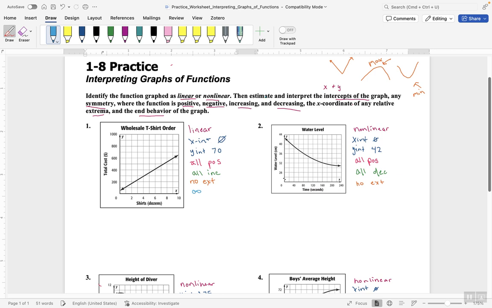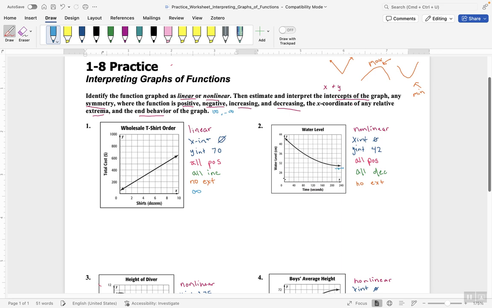Okay, so end behavior is going to most likely be positive infinity or negative infinity. Positive infinity is up, negative infinity is down. And there are some cases in which it's a constant line. Even on here, this looks like it's getting closer and closer to y equals 30.